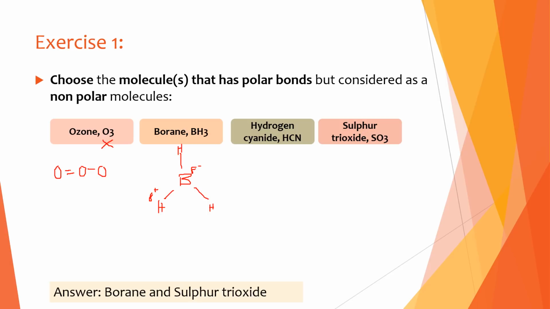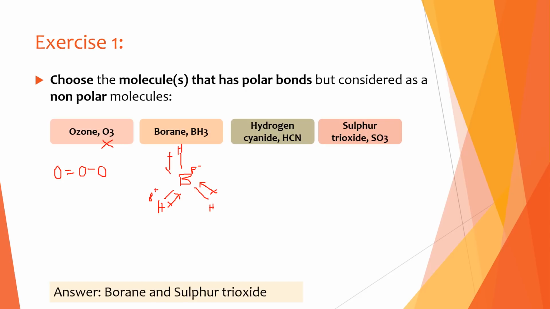This is because boron is more electronegative than hydrogen. So the dipole moment will come from hydrogen towards the boron.